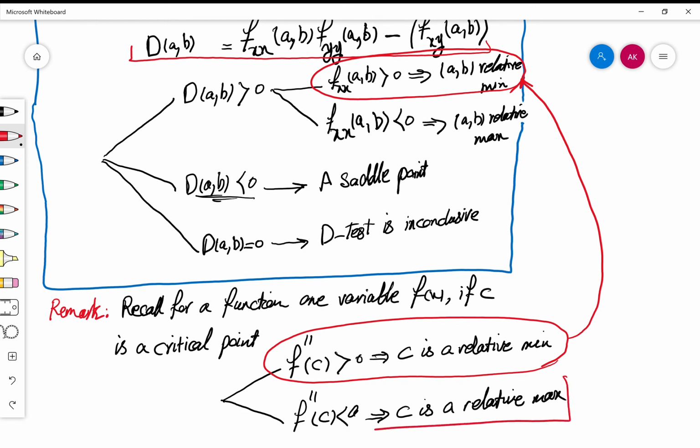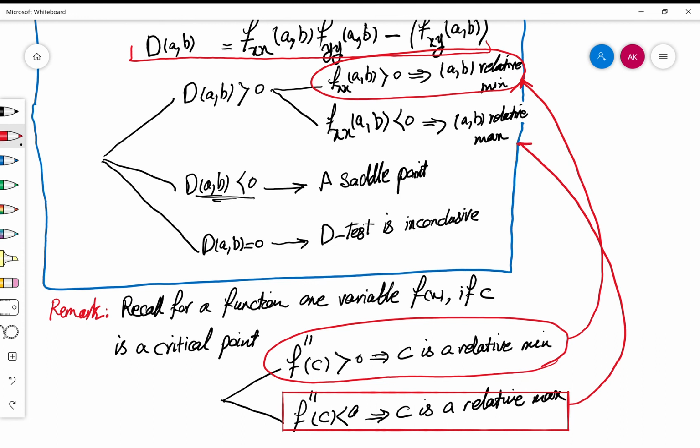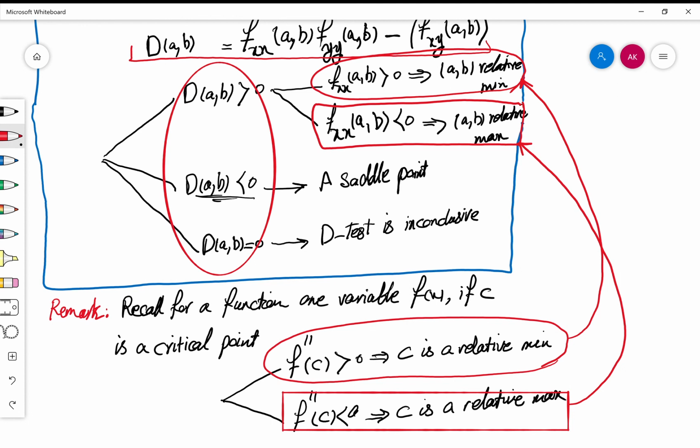If it is negative, it's going to be relative max, as it was in the case of functions with one variable. Well, you have to be very careful. This part for functions with two variables is a very critical point.